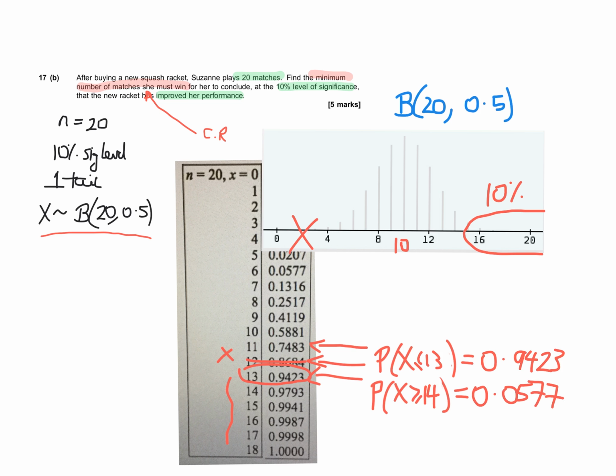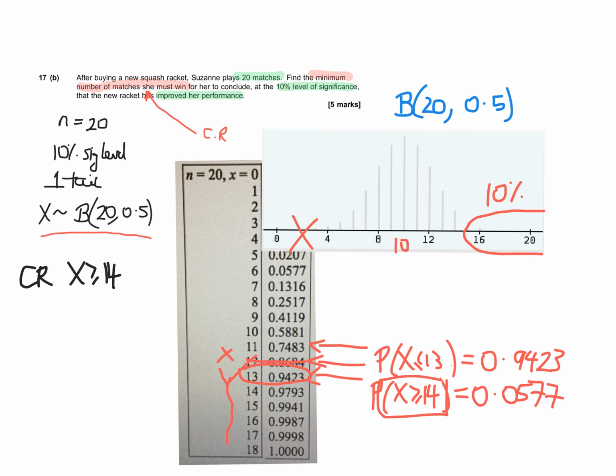And that is now under 10%. So this is good for us. So x greater than or equal to 14 is our critical region. So in your exam answer, you would show those two probability calculations, and at the end, you would conclude that your critical region is x is greater than or equal to 14.